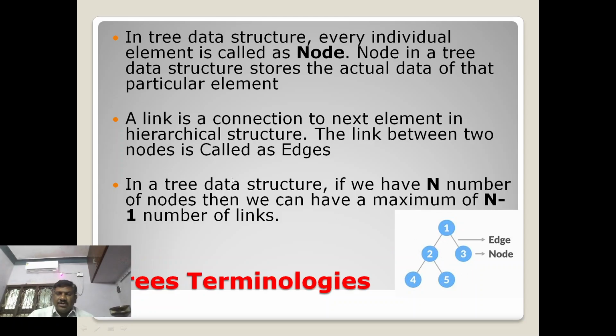This is the point described in the third point: n nodes can have n minus 1 links. So if we have n nodes, then the edges will be n minus 1. Here I have 5 nodes, so there will be only 4 edges: 1, 2, 3, 4. This is called nodes and edges.